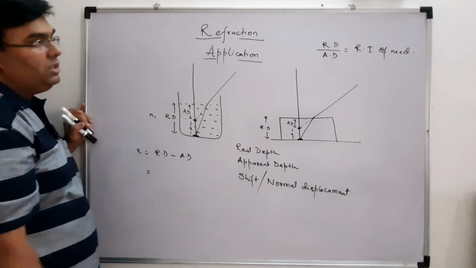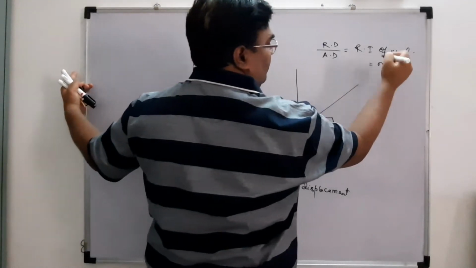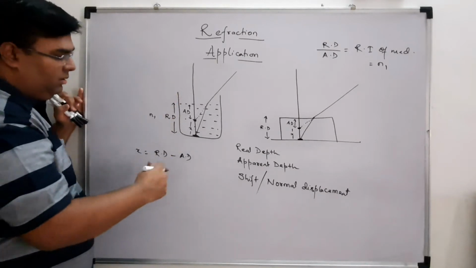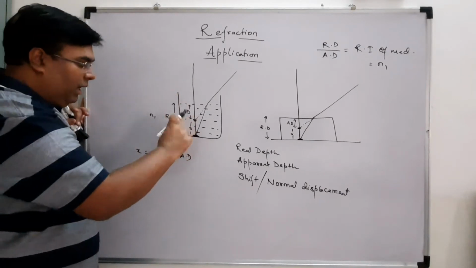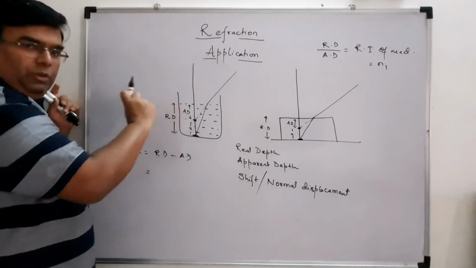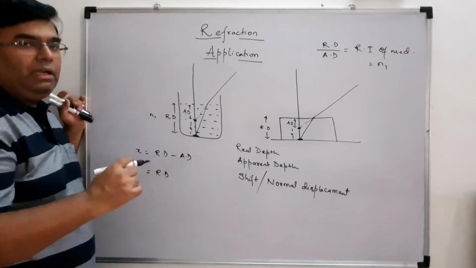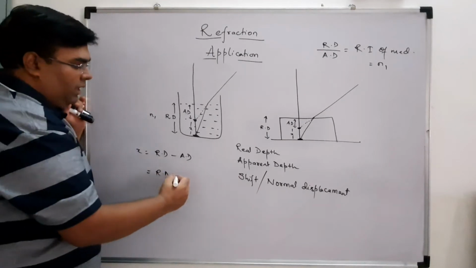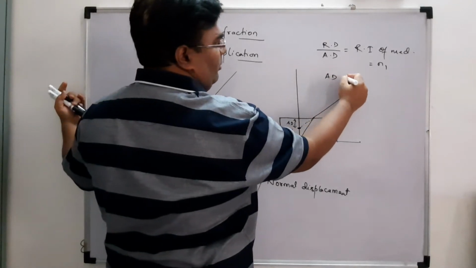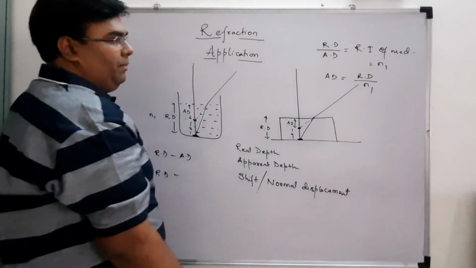Now suppose this is my n1. We know RD is the thickness of the slab or the real depth of the water, so I am putting everything in terms of RD. So RD minus AD, and AD is RD by n1.